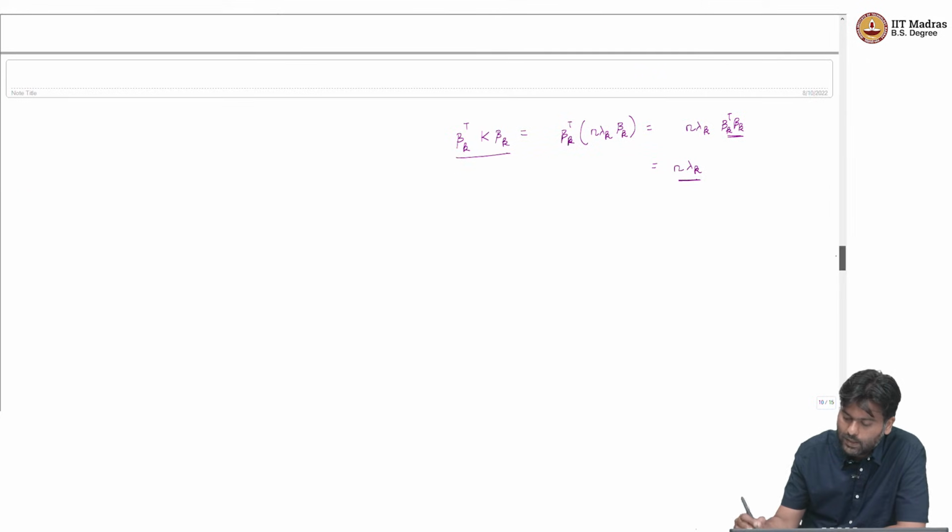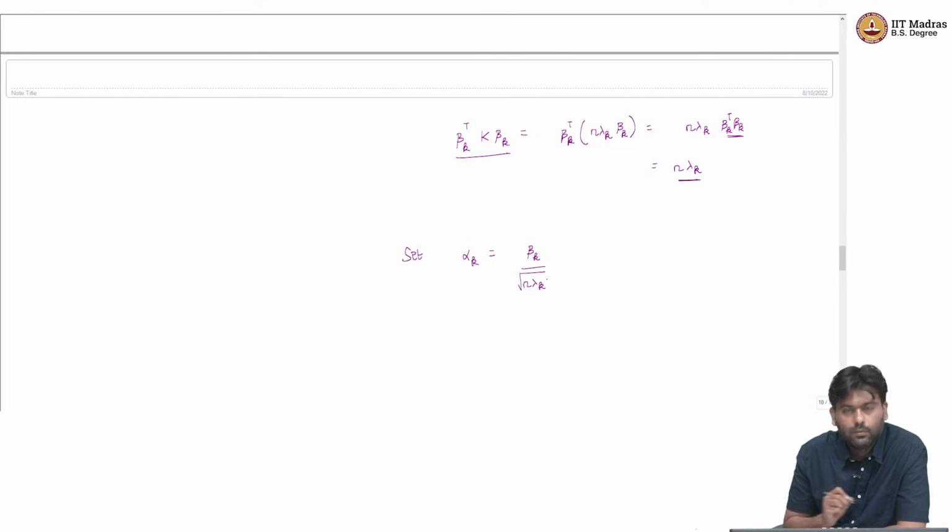So, we can set alpha k as beta k divided by square root of n lambda k. If I set this for all k, now K alpha k will satisfy n lambda k alpha k, that is 1, and 2, alpha k transpose K alpha k will also be 1.